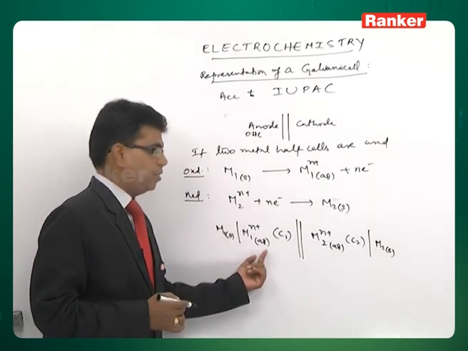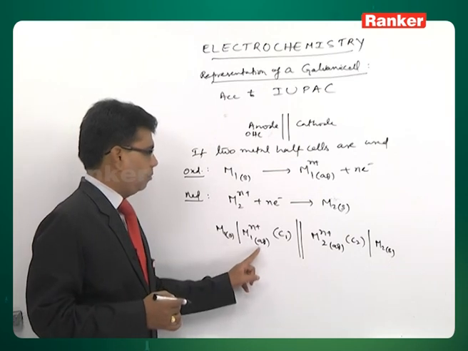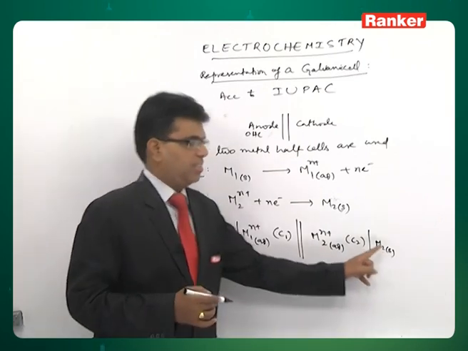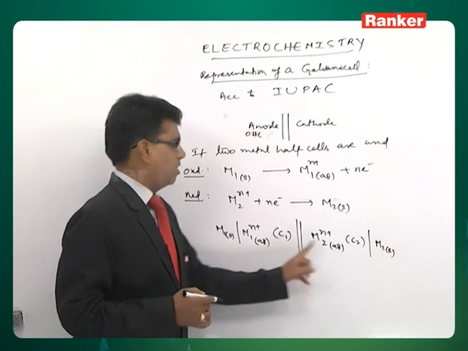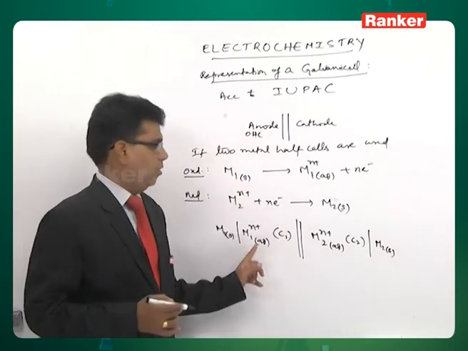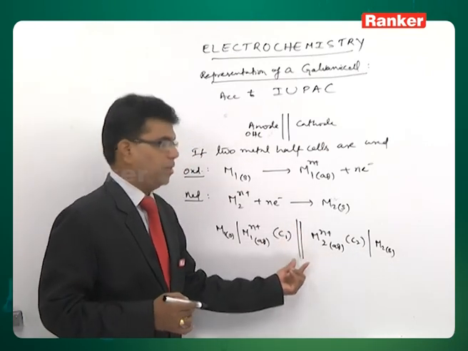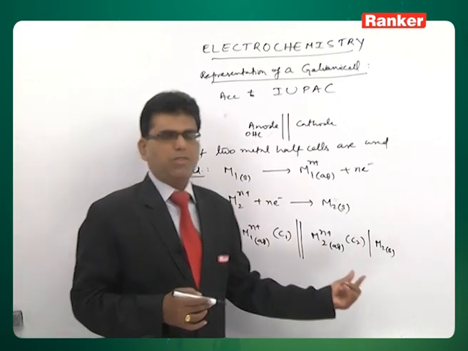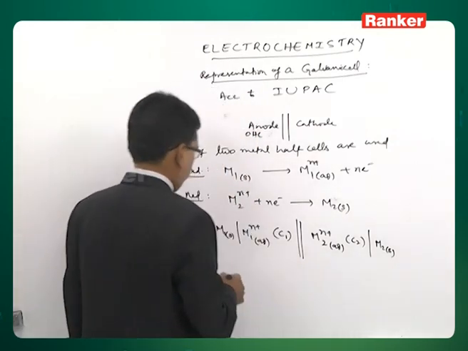Here metal is oxidized to metal ion, and metal ion is reduced to metal. So, this is oxidation and this is reduction, oxidation half cell and reduction half cell, both separated by a salt bridge. This is what we have seen in the construction, right.